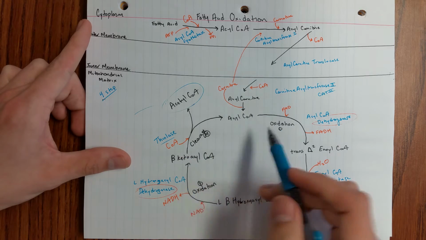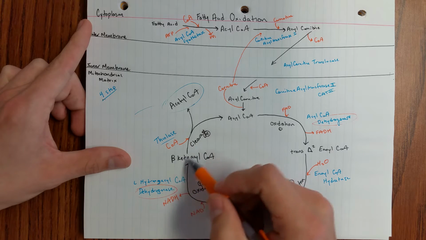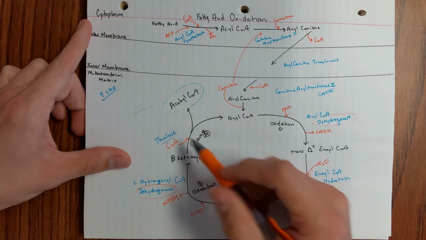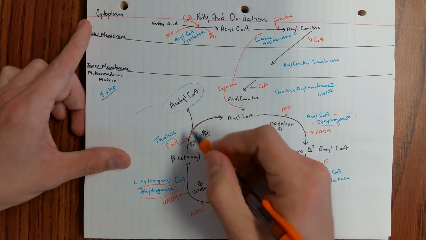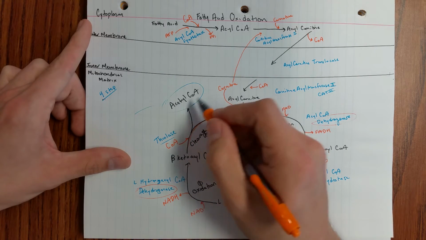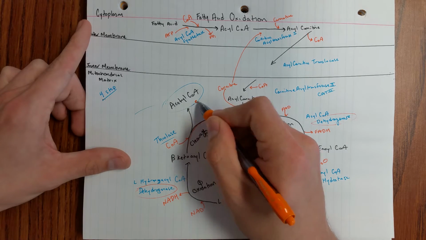Now, one thing to note is that when this beta ketoacyl CoA gets split and turned into acyl CoA, acetyl CoA takes two of the carbon molecules.